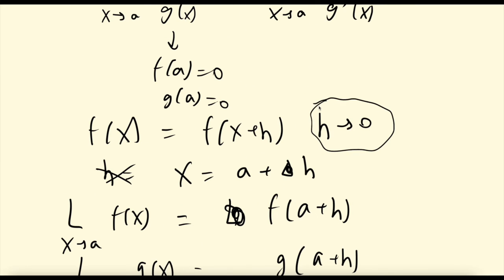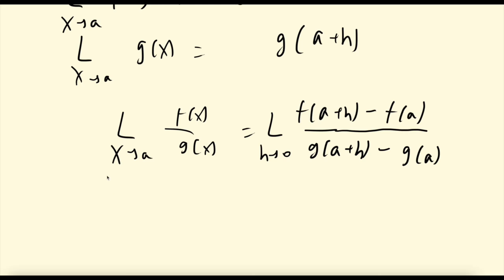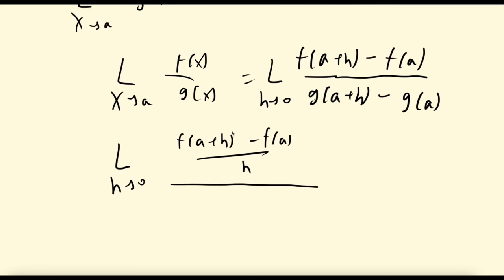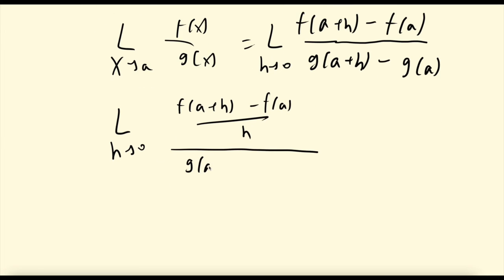So now we have limit as h tends to 0 of f of a plus h minus f of a by h, divided by g of a plus h minus g of a divided by h.